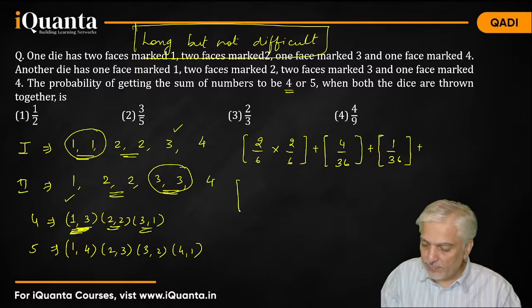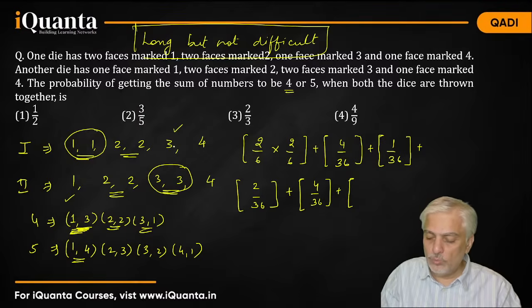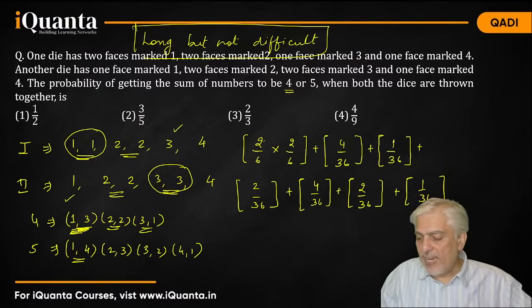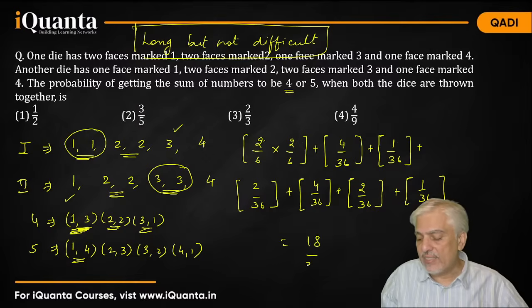Next one, 1, 4. 2 and 1. So 2 by 36. Then 2, 3. Again 4 by 36. 3, 2. 2 by 36. 4, 1. 1 by 36. 4 plus 4, 8, 8 plus 1, 9, 9 plus 2, 11, 11 plus 4, 15, 15 plus 2, 17 plus 1, 18 by 36.